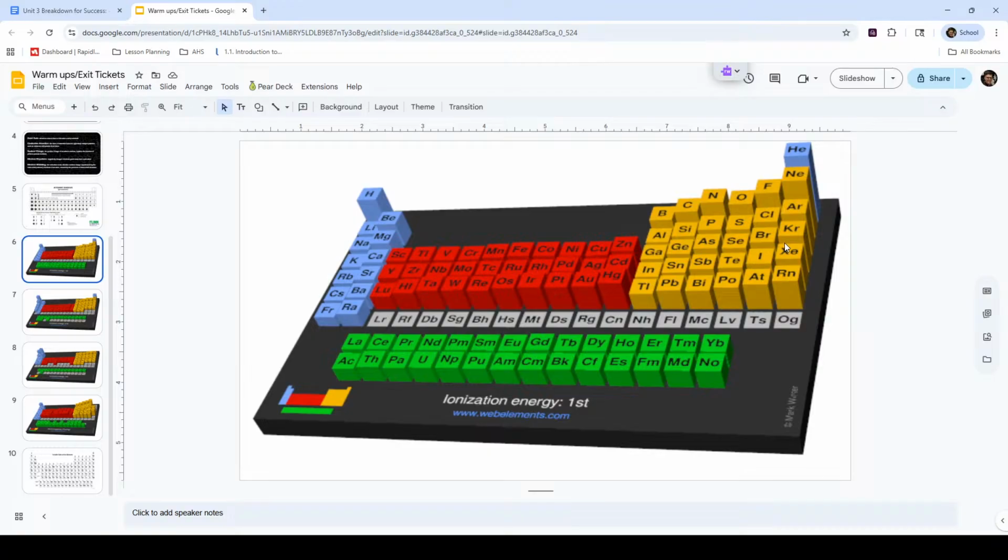So if you want to start looking at all these 3D models of all these trends, that can be pretty helpful. It's asking you about the ionization energy, how the electron configuration and the nuclear charge affects it. So let's look at the electron configuration of lithium versus the electron configuration of beryllium, since they're right next to each other here, right?